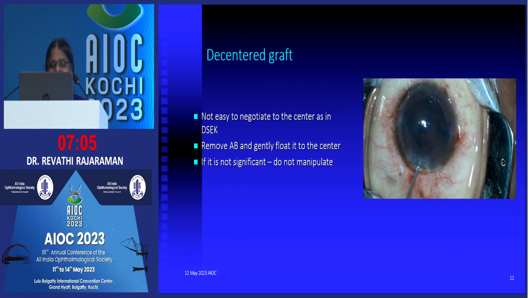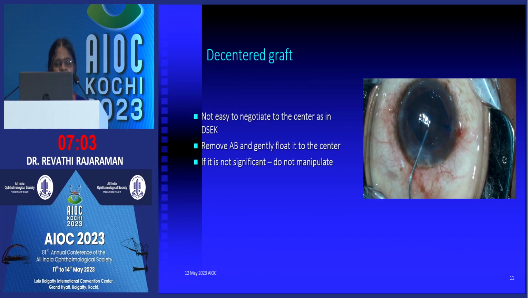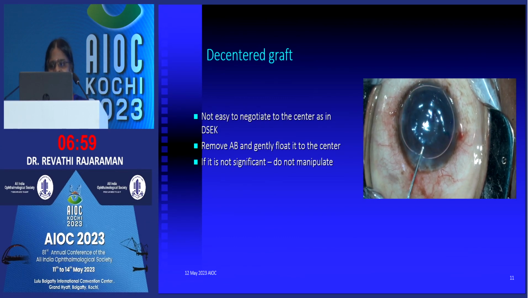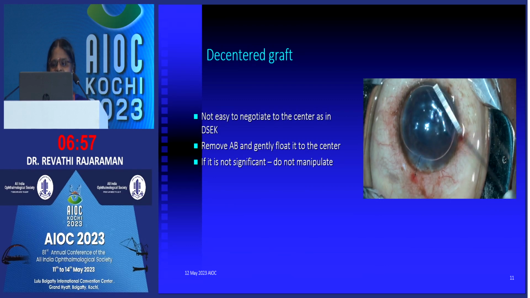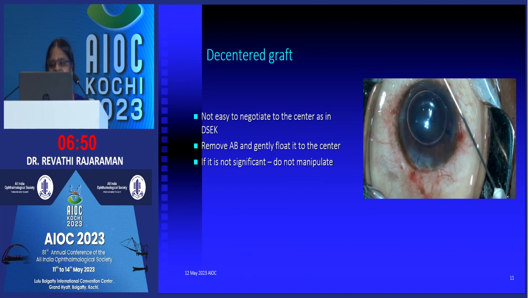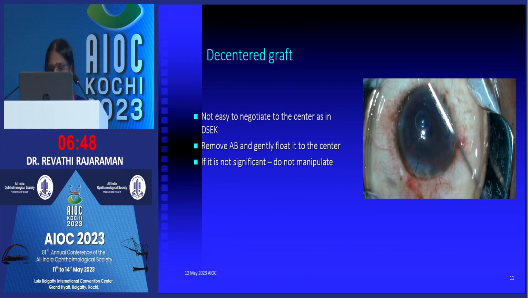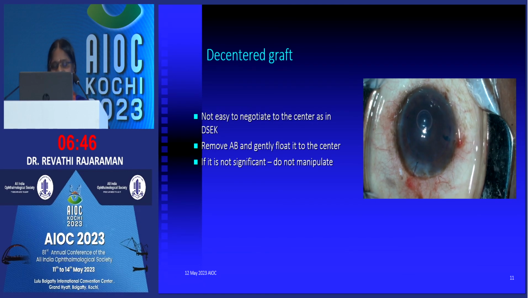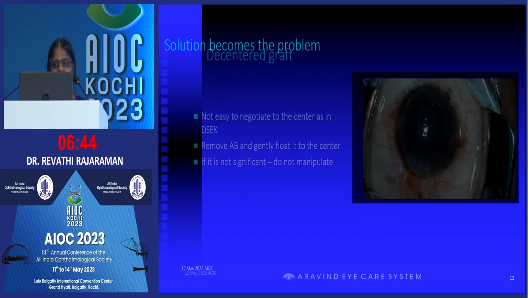And a decentered graft, this is another one I want to insist on: it is not like DSEK. Once you see a decentered graft, you can't just tap and bring it, it's quite difficult. Sometimes we have to deflate partially and then slowly bring it to the center. Unlike the DSEK tissue, this is not easy to manipulate.